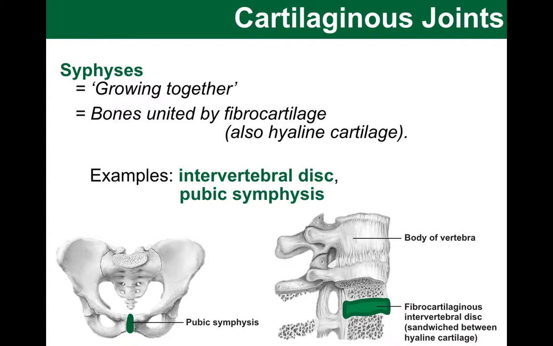Fibrocartilage is very resilient and can act as a shock absorber while allowing a limited amount of movement. It is also possible that we have some hyaline cartilage present, for example, at the articulating cartilage of the bony surface, but it really is mainly fibrocartilage. And examples that I could think of are the intervertebral discs between the vertebrae and the pubic symphysis of the pelvis.